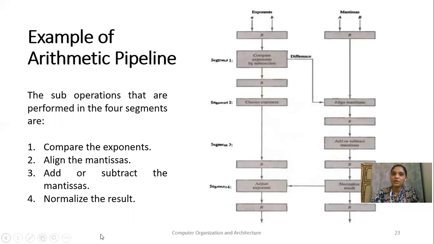In the first segment, we are going to compare the exponents. For that input, we have used 2 registers. In one register, you will store the exponent terms, that is small a and small b. In another register, we will store the Mantissas, capital A and capital B. Here we have denoted only one register to store 2 Mantissas and 2 exponents.